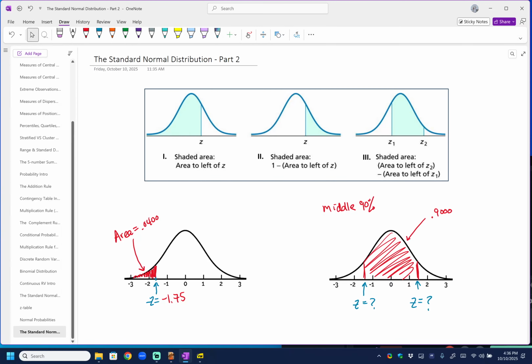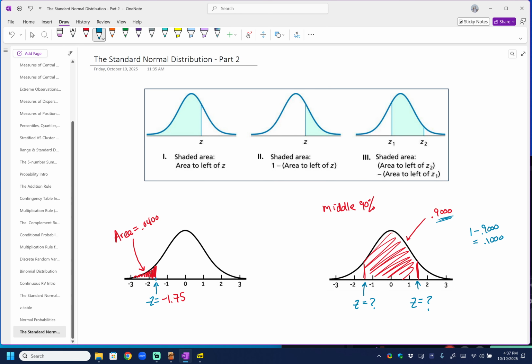Back to your history with the empirical rule, even though this percentage doesn't fit that. What you did learn in that section is how to divide areas. So for example, if the middle 90% represents this area value, that means that the rest of the area should be this much, because there's a total of 1 in the whole curve.